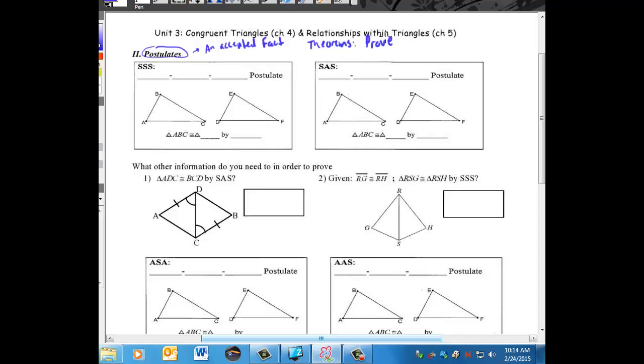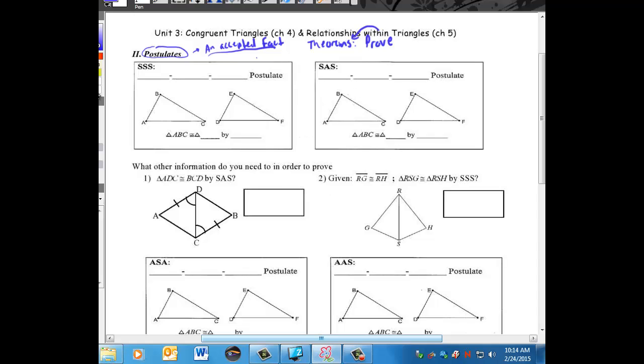A postulate is just an accepted fact. We don't have to prove it. It's just what is, it's just a fact. So we're not going to prove why these work.